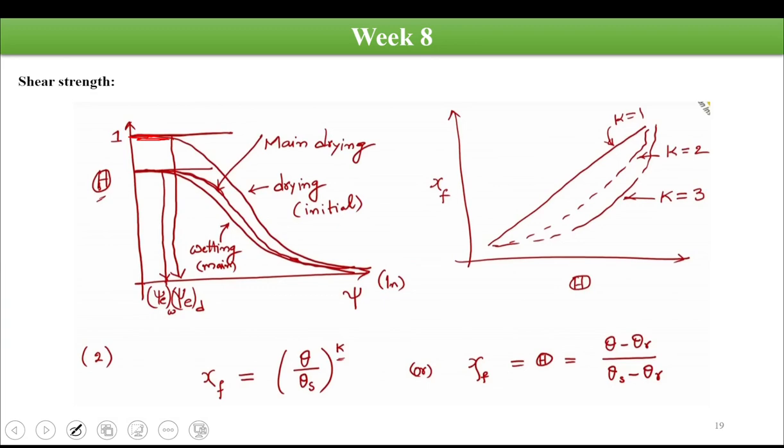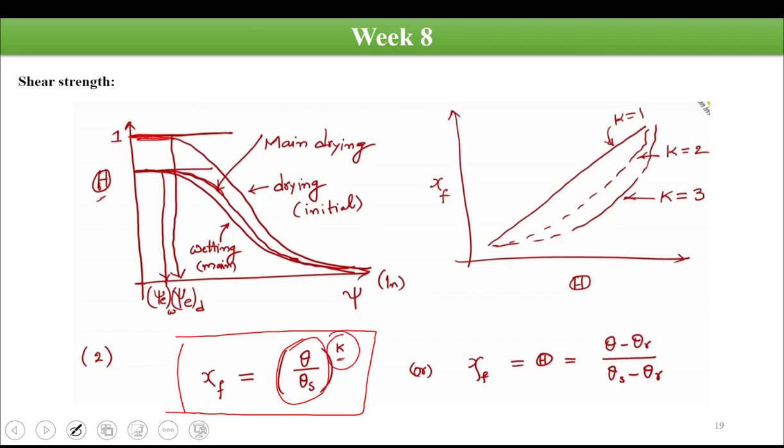Then the second expression is also provided, which denotes that this effective stress parameter will be equal to theta upon theta s, the degree of saturation, volumetric water content upon volumetric water content at saturation, or at saturation 1, to the power k.